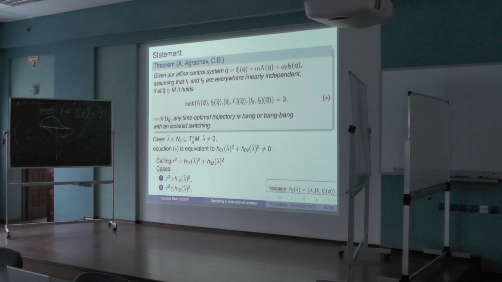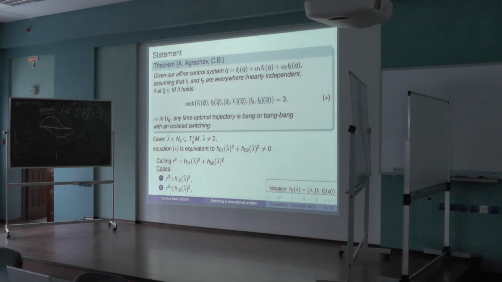Or maybe instead of some brackets with F0, you take into account that. Replace the condition star with the condition when you put the Lie bracket F1, F2.